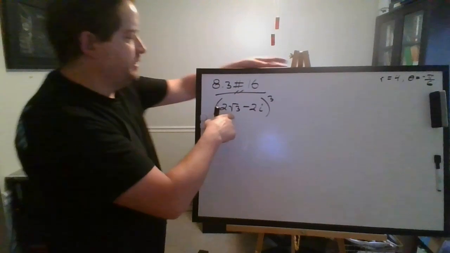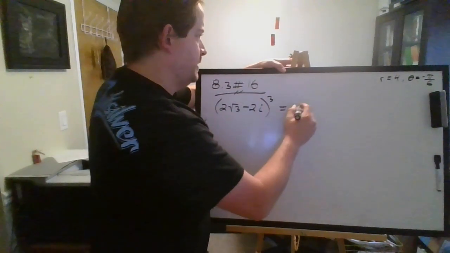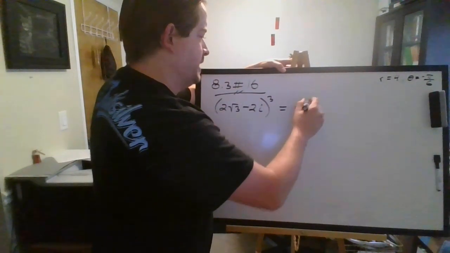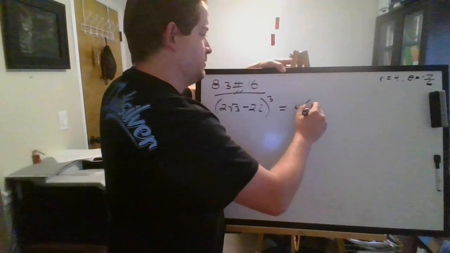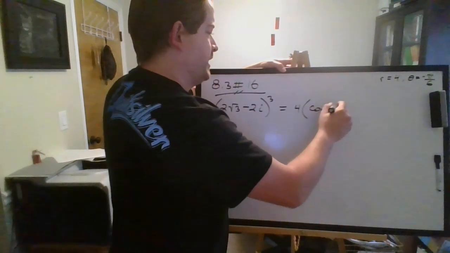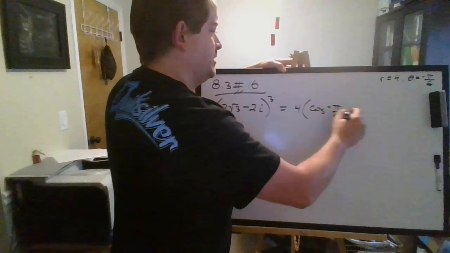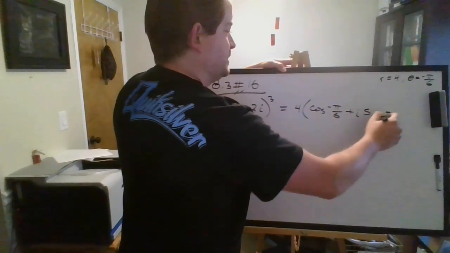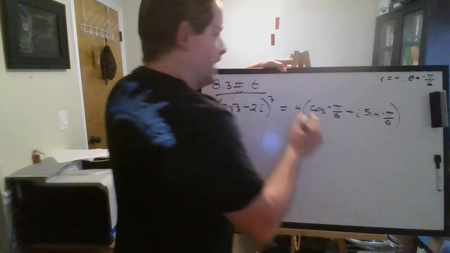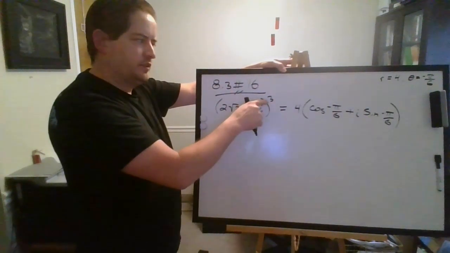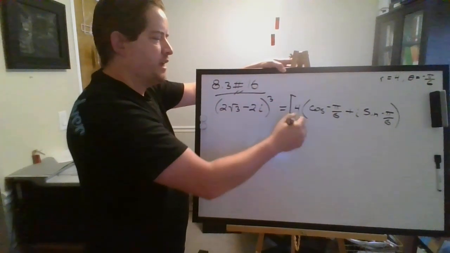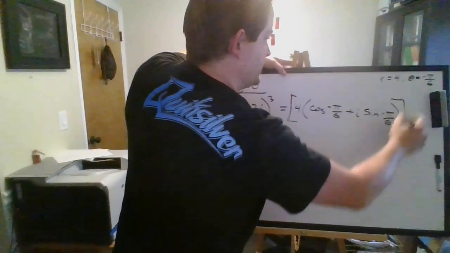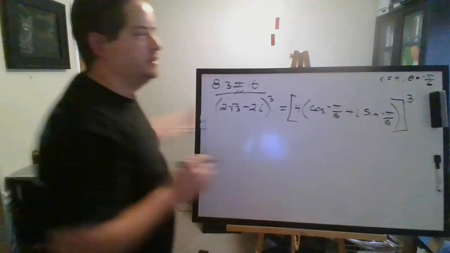That means I can rewrite this number as r times the cosine of theta, so cosine of negative pi over 6, plus i sine of negative pi over 6. And this whole thing now is raised to the third power, so I'm going to put another big bracket out here because the whole number gets raised to the third power.